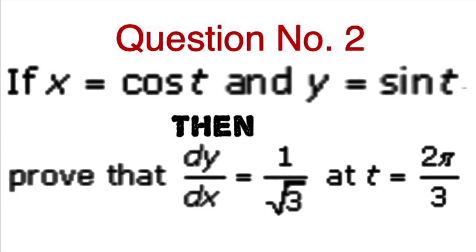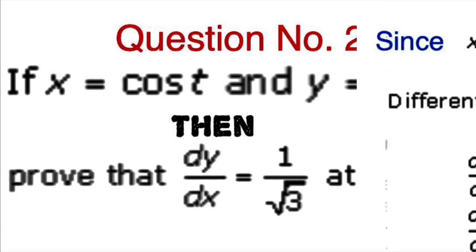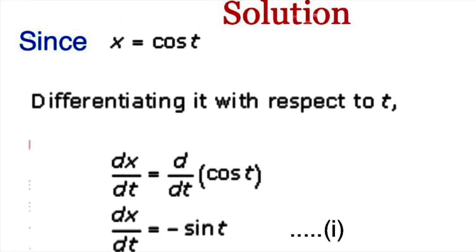Question number 2. If x is equal to cos of t and y equals sin of t, then prove that dy upon dx equals 1 upon root 3 at t equals 2 pi upon 3. Let's see the solution of this.